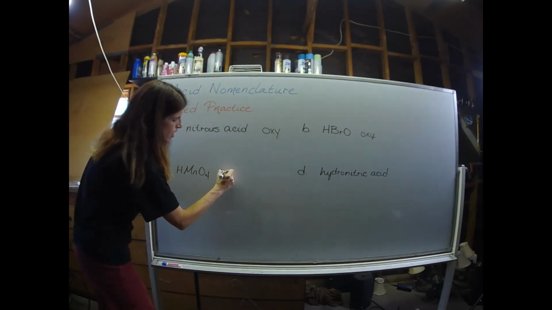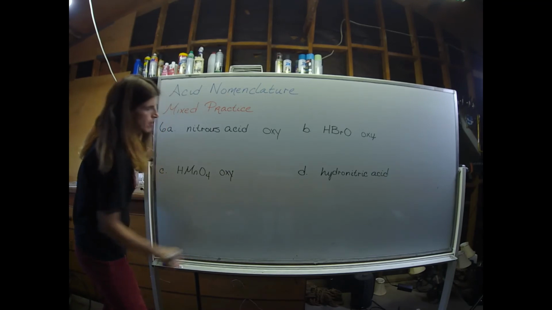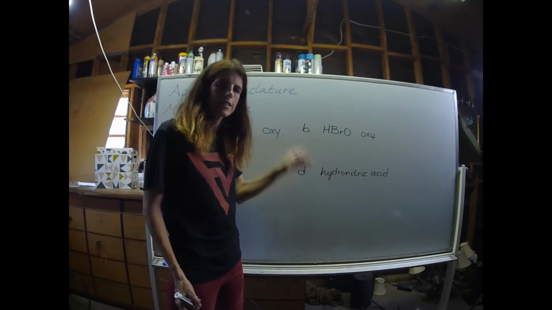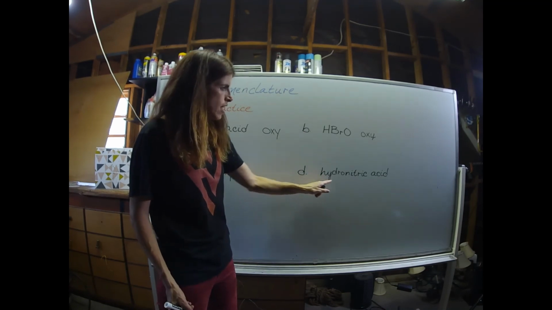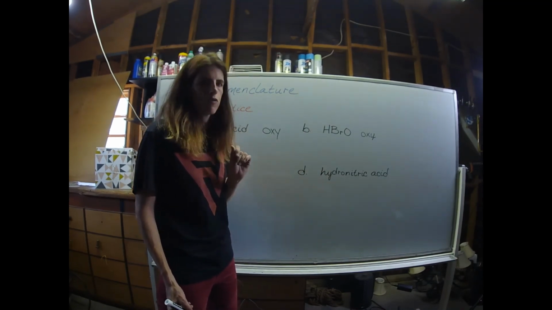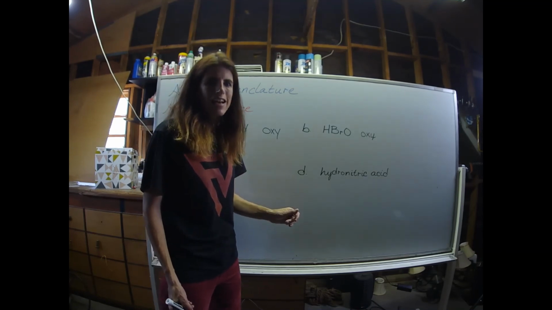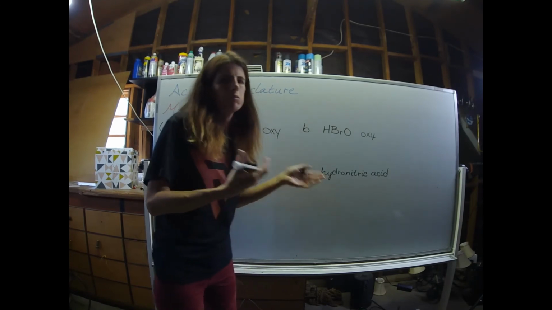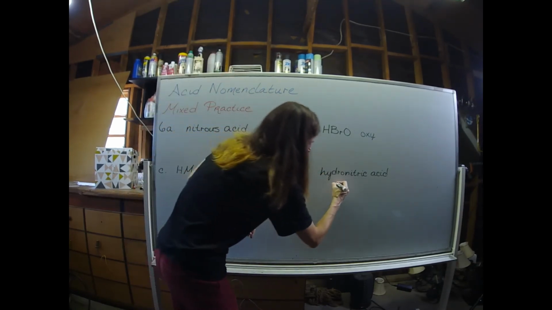We have another oxyacid. And then this last one is going to be the only binary acid of the first group here. And I know that because of the hydro out front. So since it's a binary acid and it's just the crisscross of two things, let me write the formula and get that one out of the way.